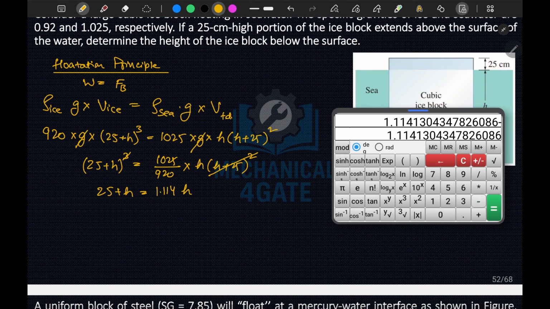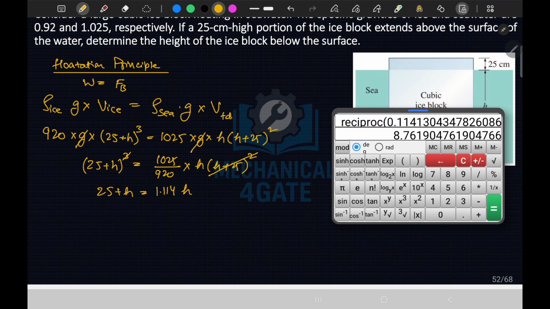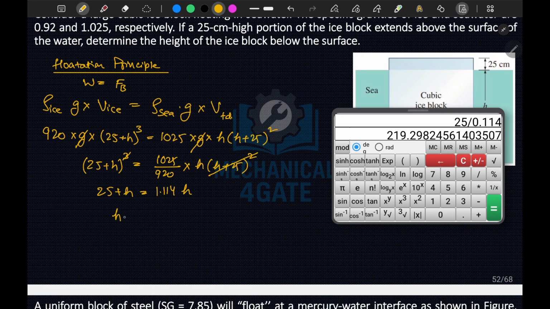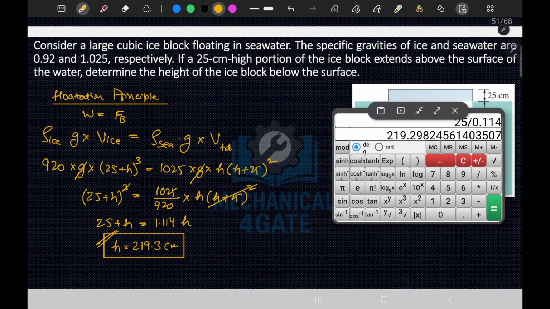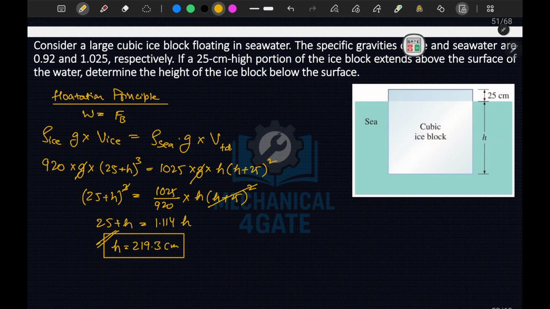From here we can calculate your value of h, which is equal to 219.3 centimeter. So this is the height of ice block below the water surface.